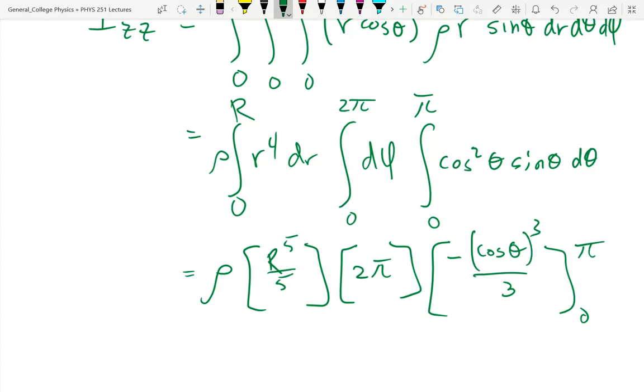And of course, cosine of pi is again minus 1. Minus 1 cubed is still minus 1. Minus a minus 1 is a plus 1. So it's 1/3 minus a negative cosine of 0 is 1, so 1/3 minus a negative 1/3 is 2/3.